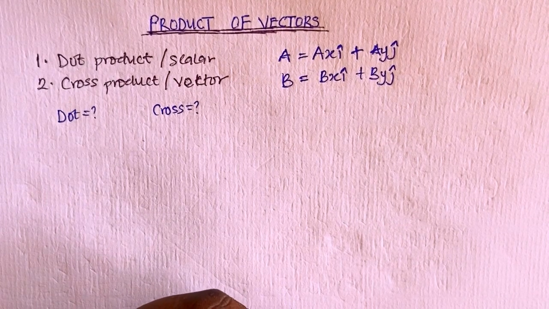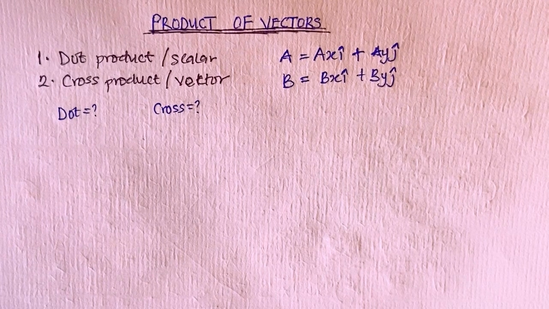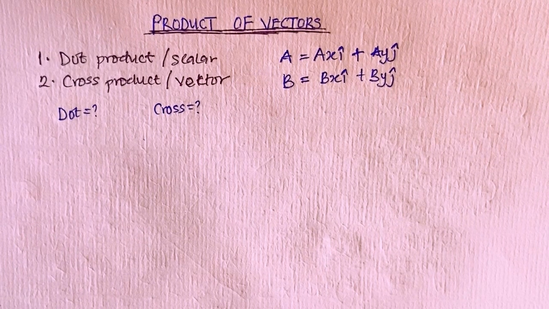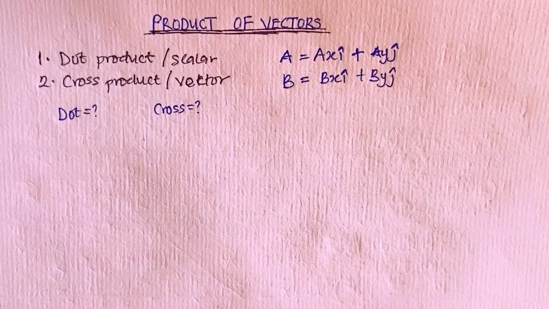We all know that vectors have magnitude and direction, but scalars have only magnitude but no direction. So as far as the dot product is concerned, we focus on only the magnitude but not the direction. But as far as the cross product is concerned, we focus on both the magnitude and direction.